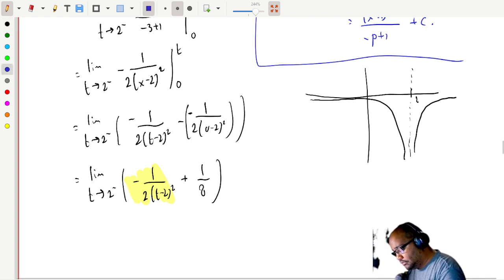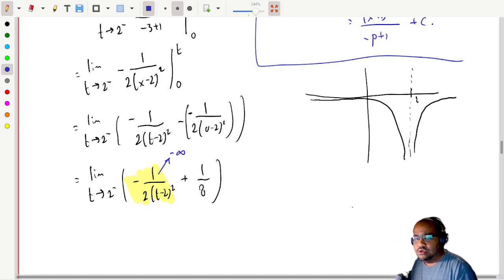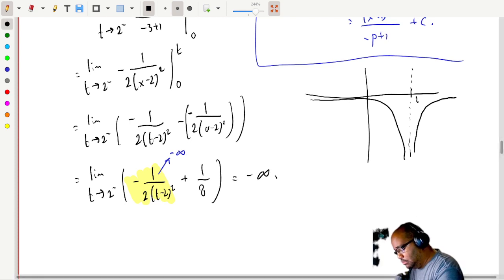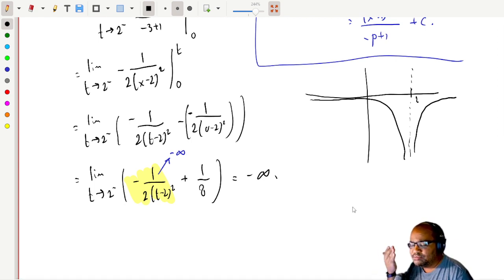So this whole thing, and watch the limits refresher video if you haven't, that whole thing goes to minus infinity, while I have a constant and then minus infinity, all right? So what happens here? Well, this whole thing goes to minus infinity, because that first term, the term I have highlighted in yellow, will always be going towards minus infinity.